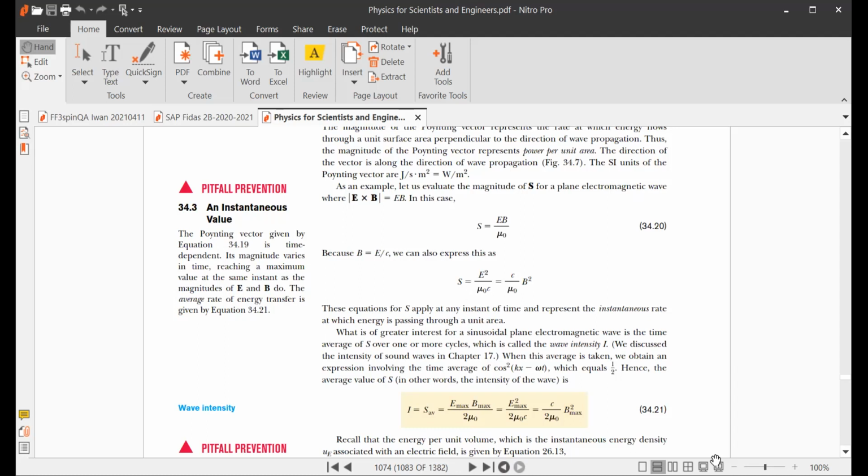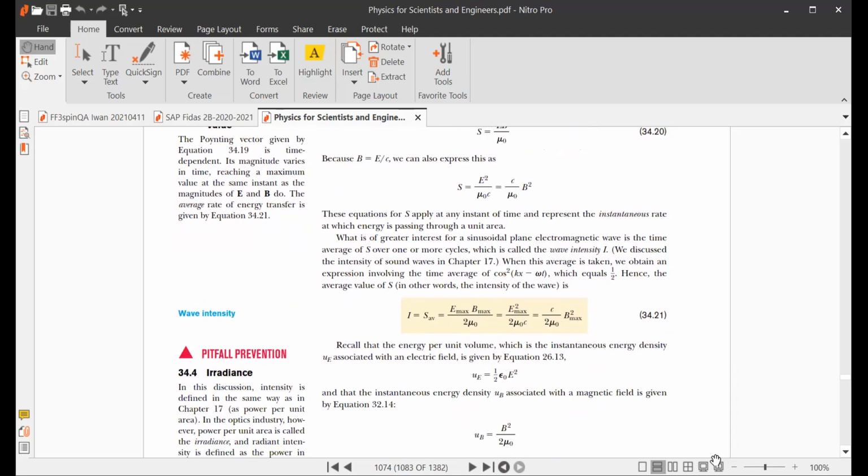Usually we take x equal to 0, for arbitrary time. If we compute the average of this S, we get equation 34.20, and it is related to what we call the intensity, I.